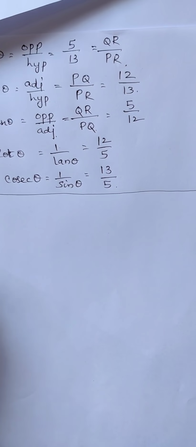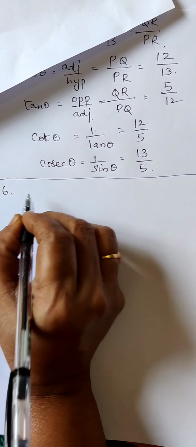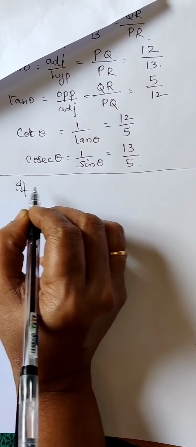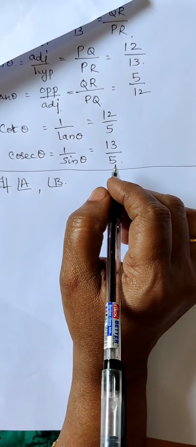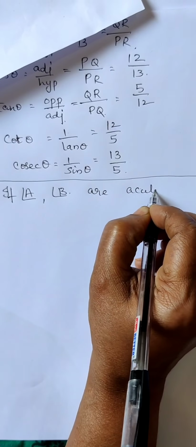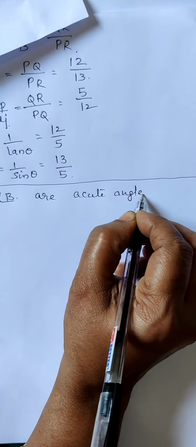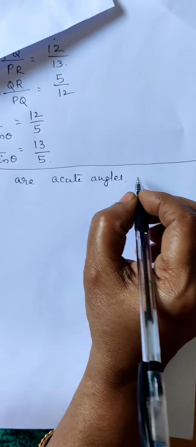Now we will be doing the sixth problem. So what is the sixth problem? If angle A and angle B are acute angles. What do you mean by acute angles? Acute angles means less than 90 degrees.